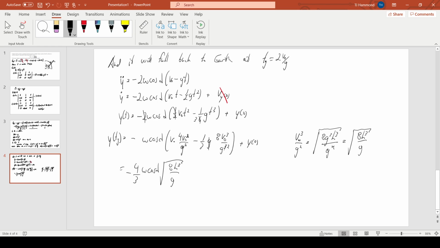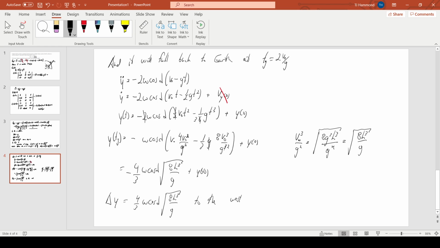And so what this means is plus y naught. So we get a change in y of 4 thirds omega cos lambda square root of 8h cubed over g to the west.